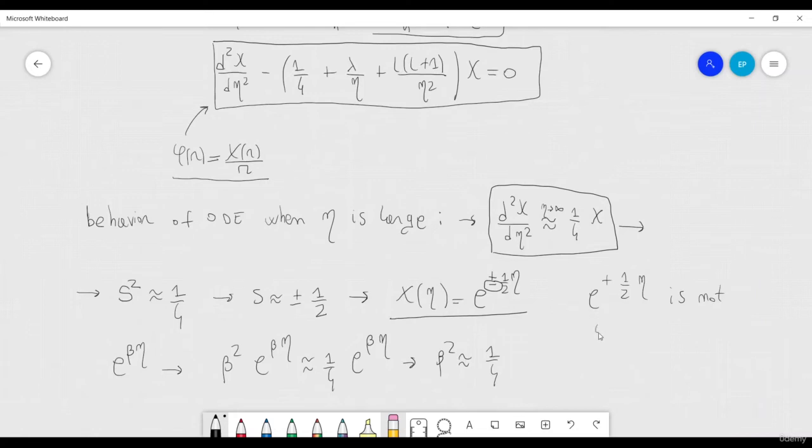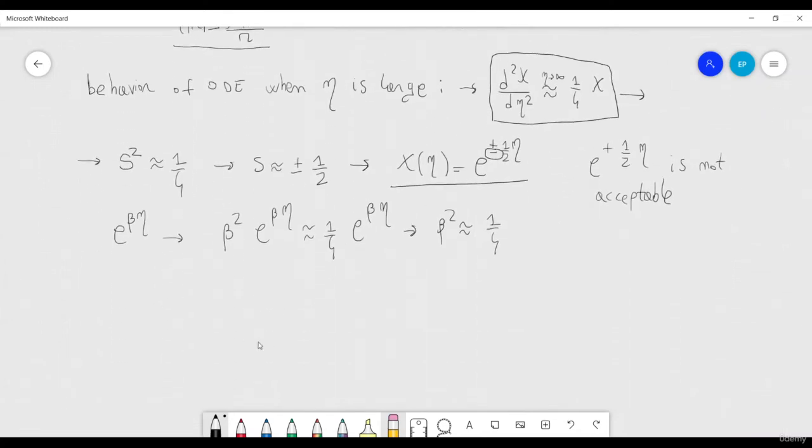We have to find physical solutions. Therefore, we have to choose the minus sign there. So when eta goes to infinity, the behavior of the function is very close to this one, e to the minus 1 half times eta.